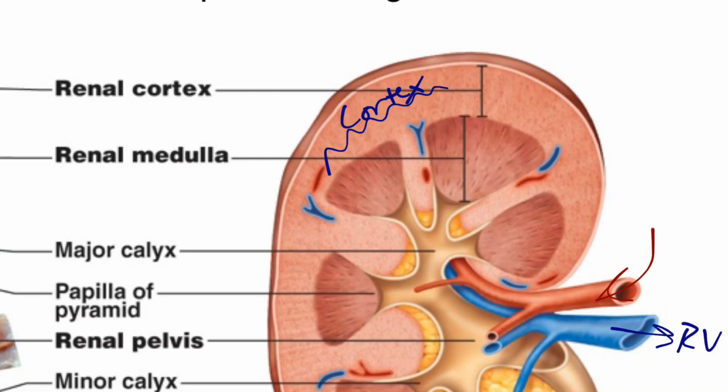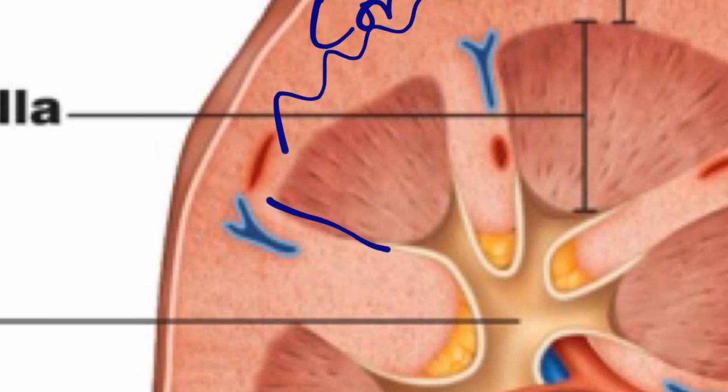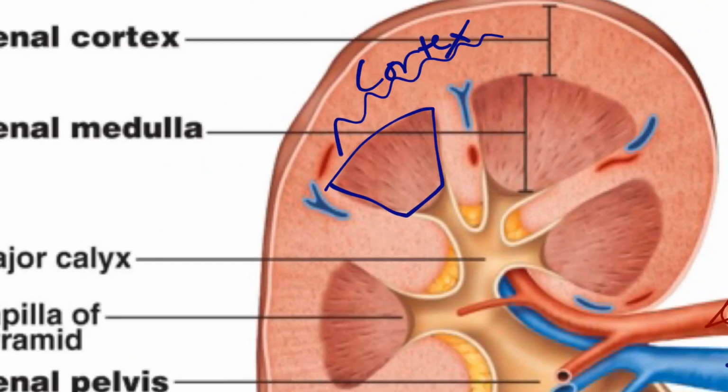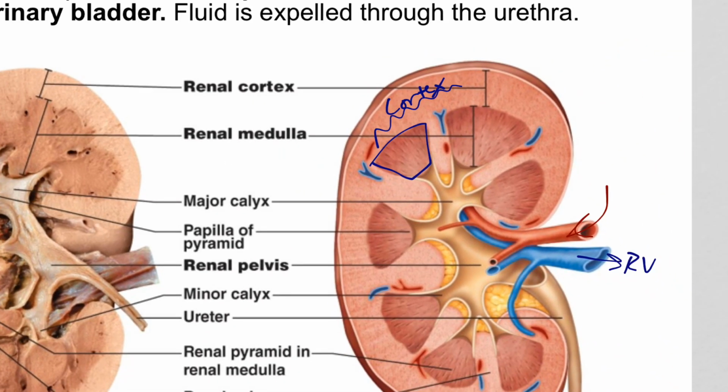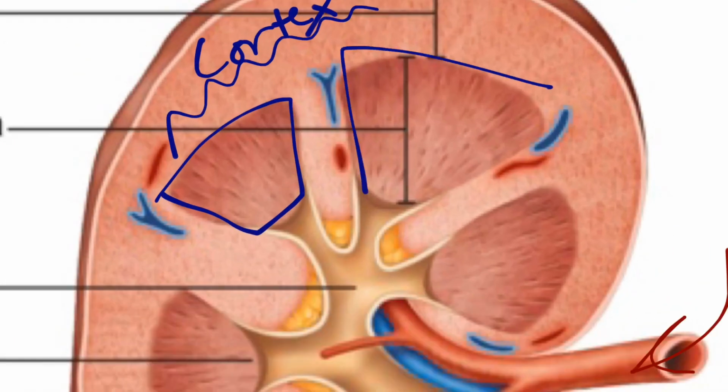And it's all happening on a scale that's microscopic and really, really small. But as an analogy, the way that I think of it anyway is these structures down here, called renal pyramids, which terminology-wise, this whole region in here is renal medulla, and then each of those structures within it is one pyramid.